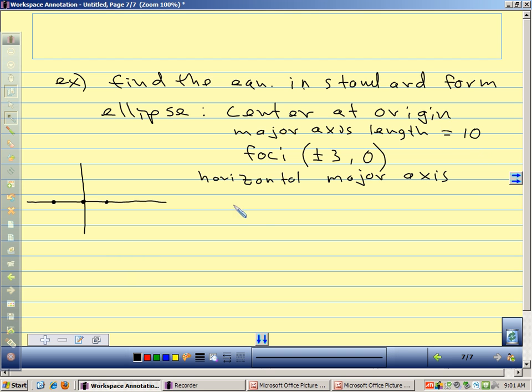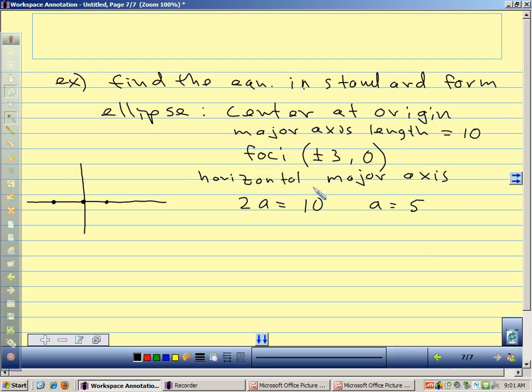A is 5. We know that the major axis length is 2A. So 2A is 10. So A equals 5. A is always my biggest number. So where is it going to go, under the X or the Y? X, since my major axis is horizontal.